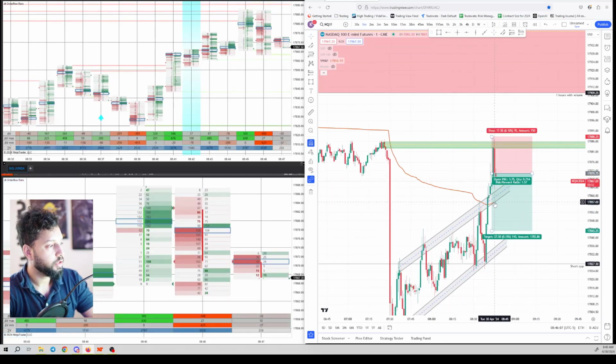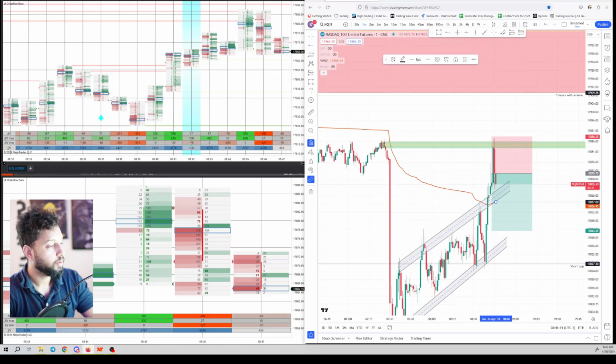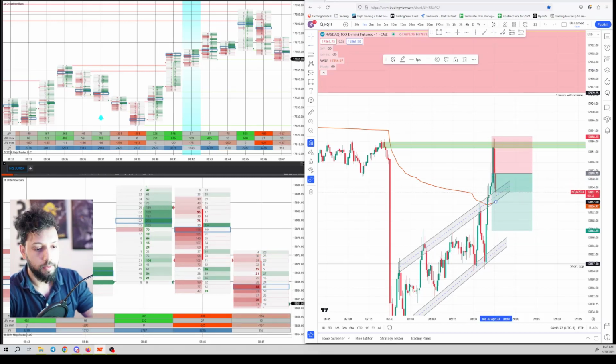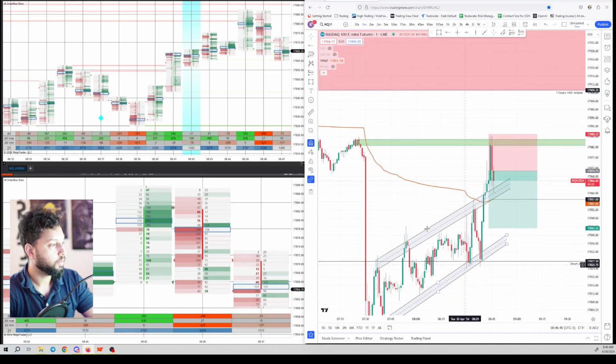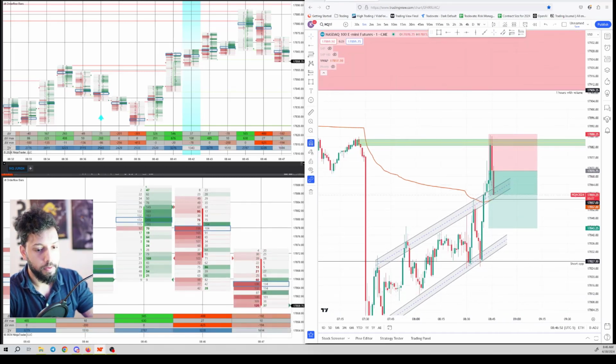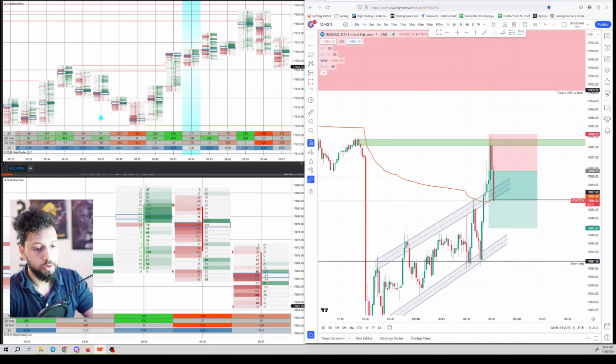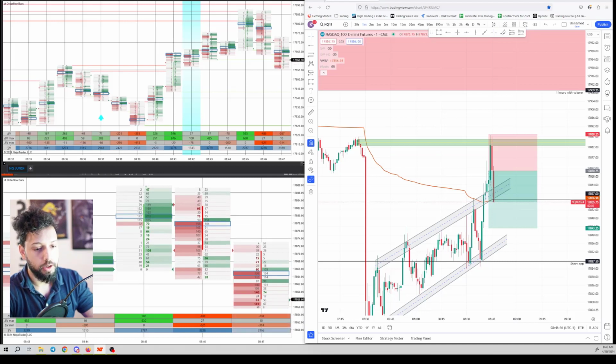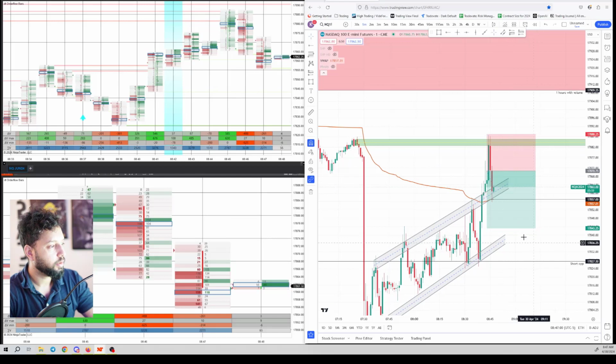So the first TP will be our VWAP. Okay, so it just crossed our first TP, and now we have to wait for it to break the VWAP.